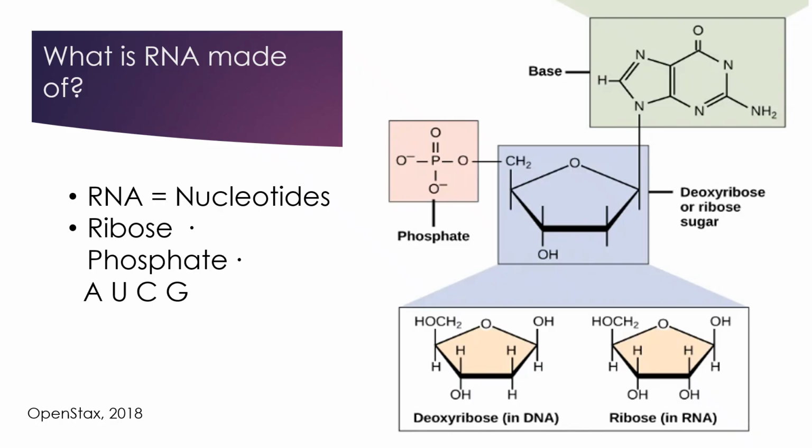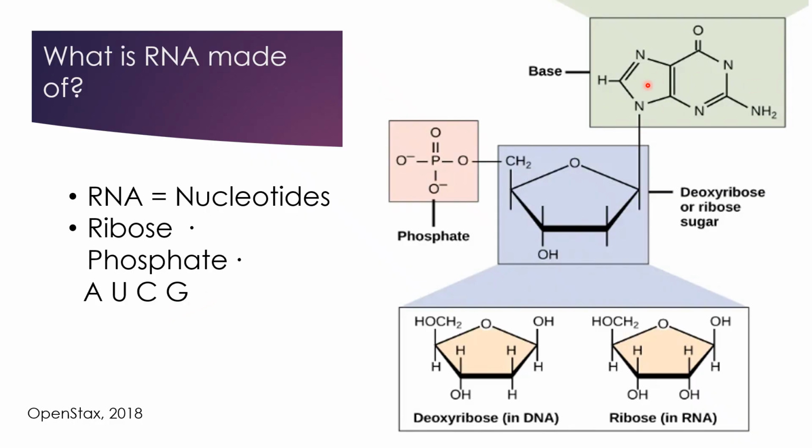RNA is made of repeating subunits called nucleotides. Each nucleotide has 3 main components: a ribose sugar, a phosphate group, and a nitrogenous base. The ribose sugar and phosphate group form the backbone of the RNA molecule, which gives it structure. The nitrogenous bases, adenine, uracil, cytosine, and guanine, extend outward from that backbone.